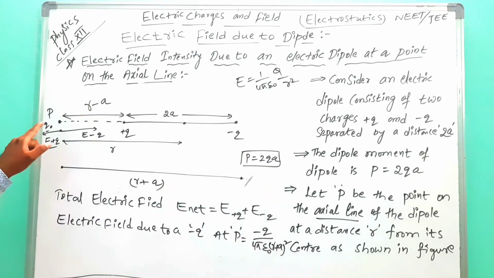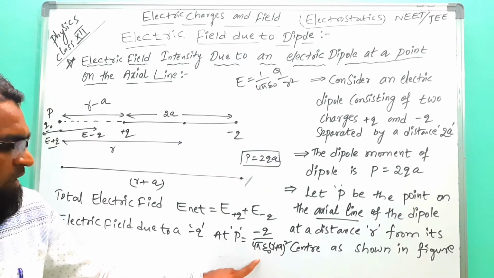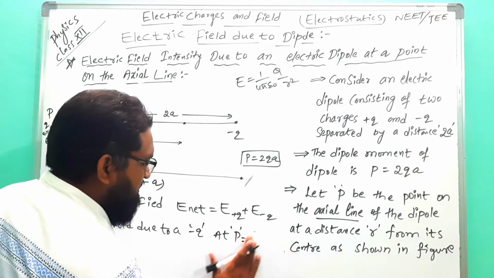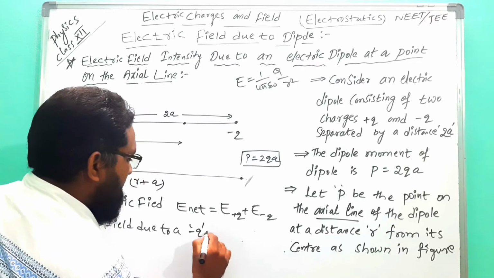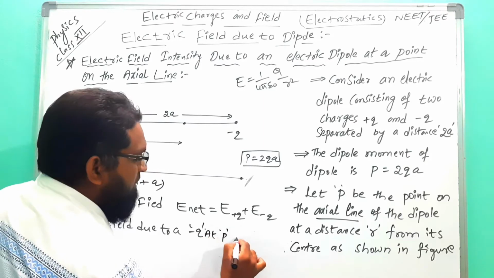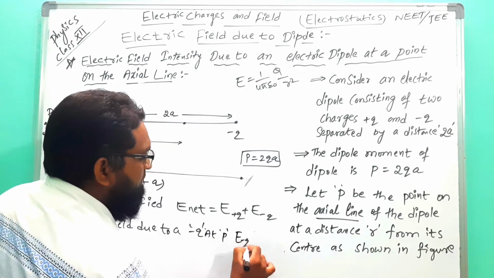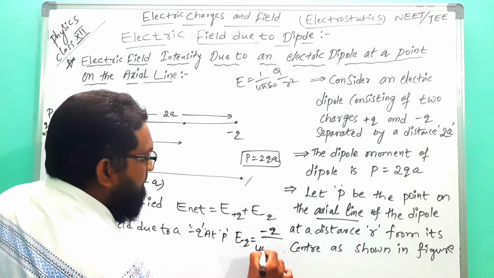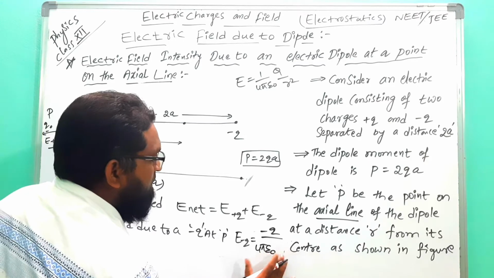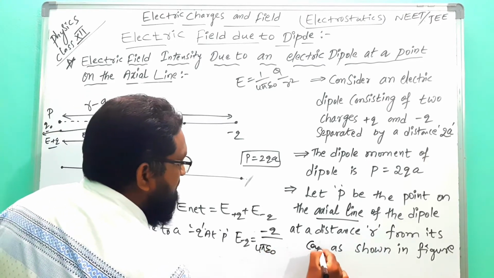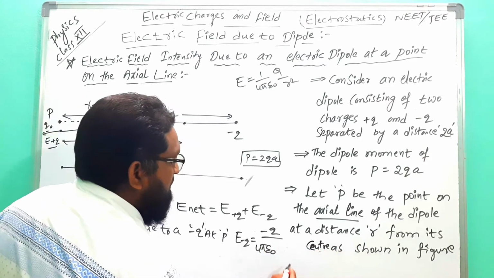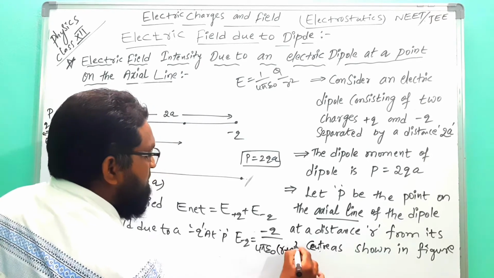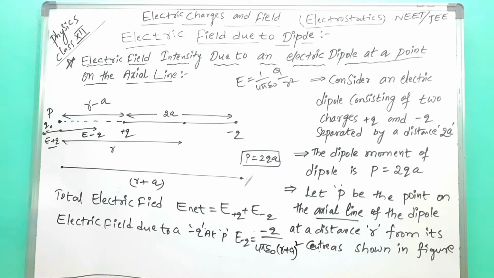But for the negative charge, the electric field at p point, E negative, I am writing clearly once again: E negative equal to minus q by 4 pi epsilon naught r plus a whole square. This point is very important, students.